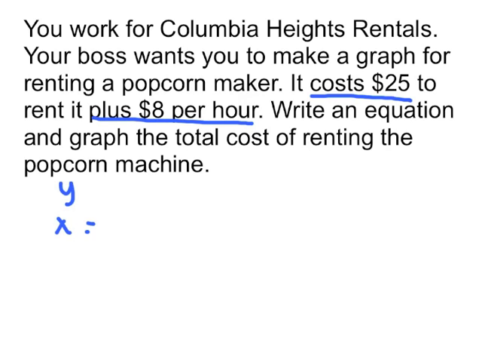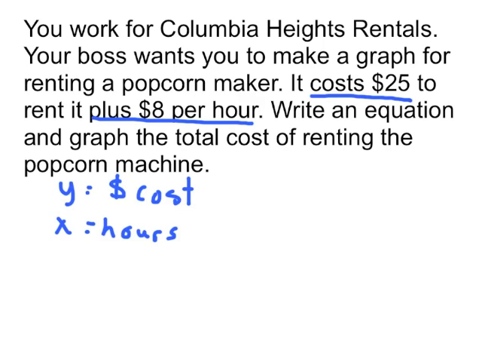Now the first thing is how long they rent it. That's going to tell us how much it costs. So the x is our independent variable, and that's going to be the number of hours. After you know the number of hours, we can figure out the total cost. And in this case, that makes the y the dependent variable, and that's going to be the cost.